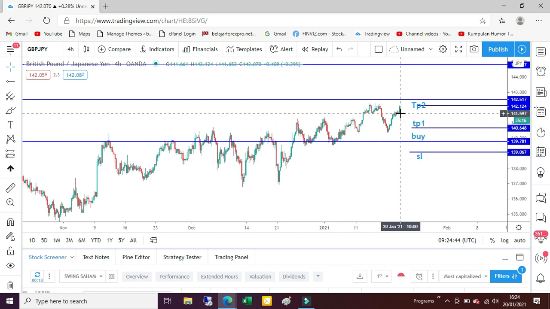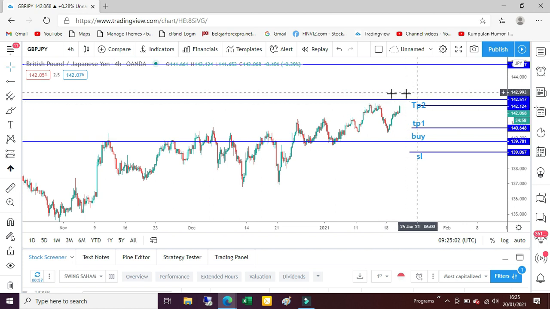What we have to do when the price never go back, never turn down, and the price keep going up. When the price keep going up, we have to wait until the price break our resistance line.